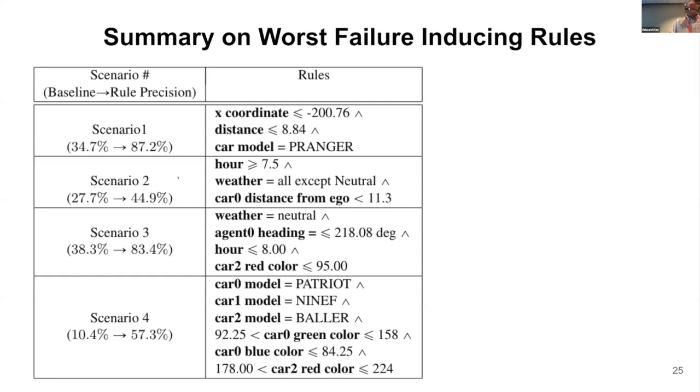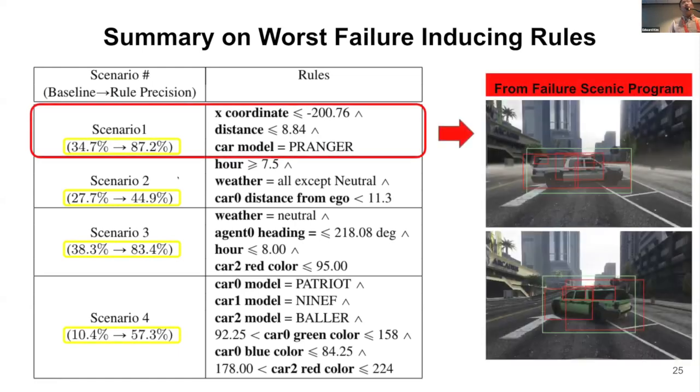Right? And let me share one interesting case that I thought was counterintuitive. In this case, I was expecting that the perception model would fail if the car is further and further away. But actually, no. Counterintuitively, we see that if the car of a certain model, which in this case is Rancher in GTA 5, is within a certain distance, in this case 8 meters, then the perception model tends to fail more and more.